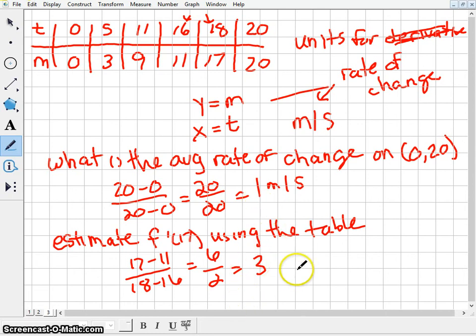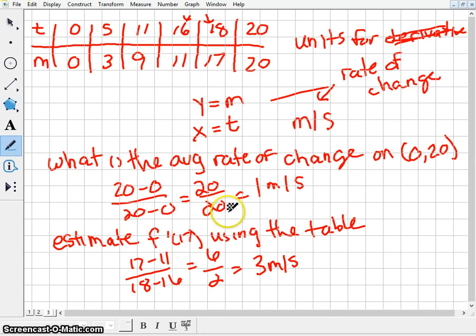And then don't forget your units, and that's meters per second. So even though the average rate of change over the 20-second interval was 1 meter per second, we know at the 17th second, whatever this particle or this car or this person was, it was moving at about 3 meters per second.